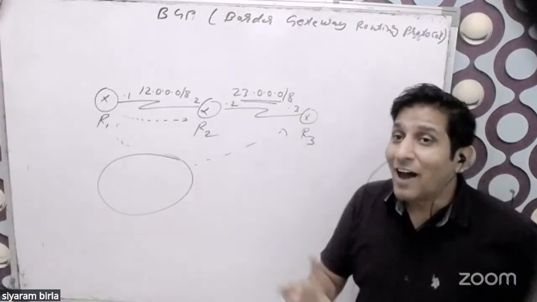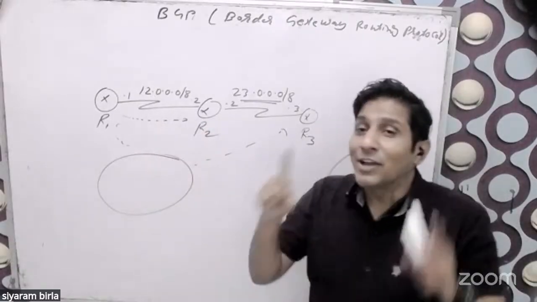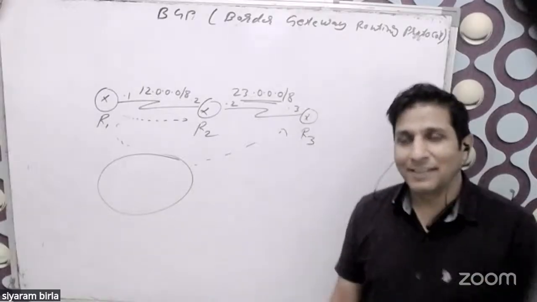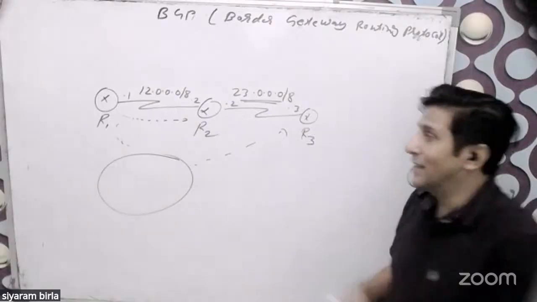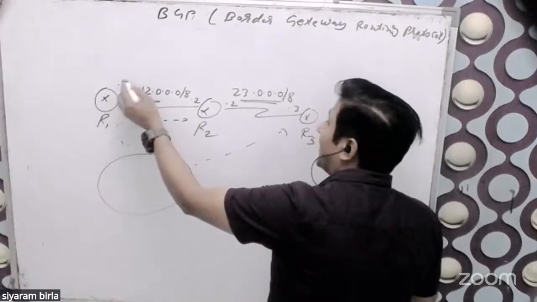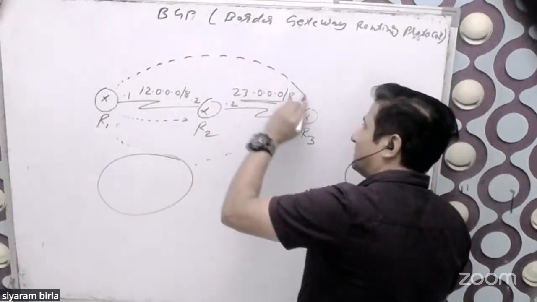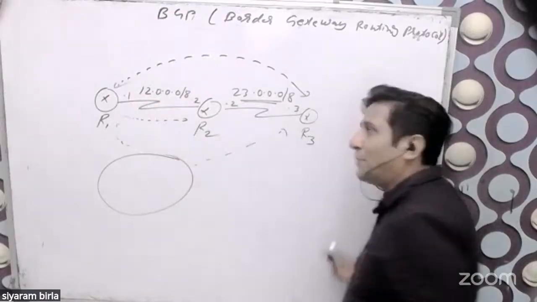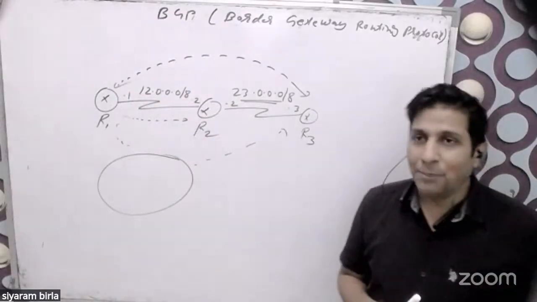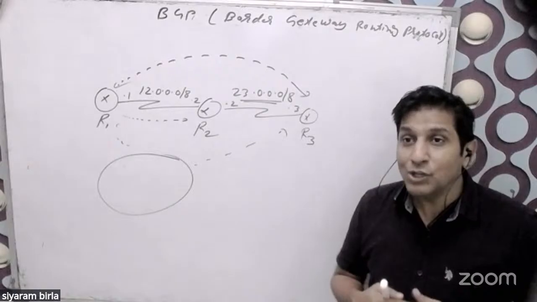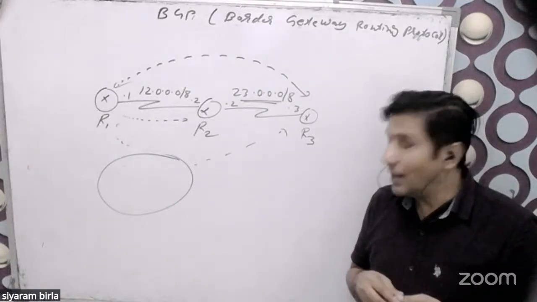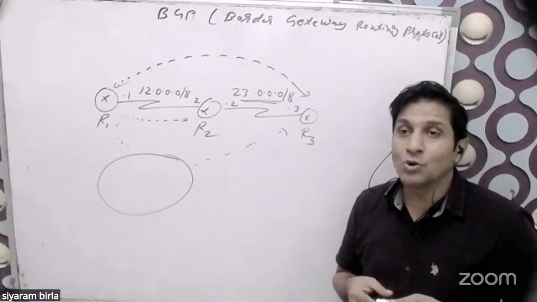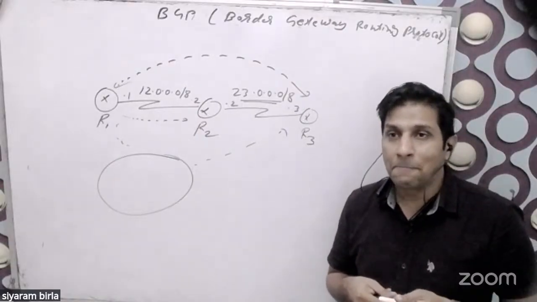So here R1 and R3 can become neighbors. So the second advantage of BGP is that it can create the indirect neighborship. That is the best feature. In MPBGP there is also the feature that they can create the indirect neighborship. That is also an advantage of MPBGP.